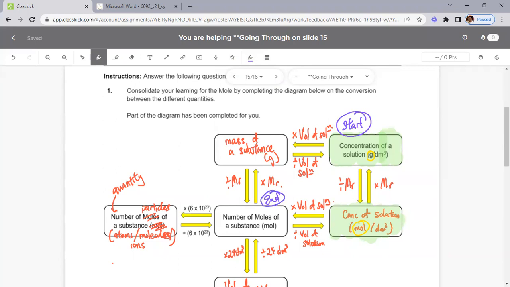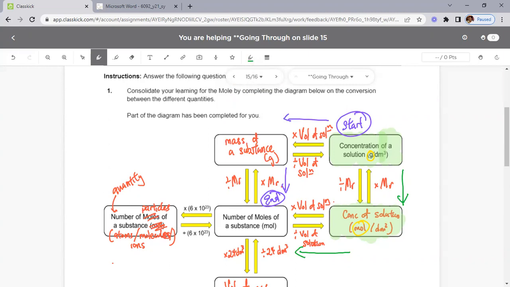There are two ways to get here. One is you convert to mass, then you convert to moles. This is the first method, the blue arrow. The second way, which I'm going to illustrate in green arrow, is to convert to mole per dm cube, then convert to number of moles. I'm going to do the blue arrow.